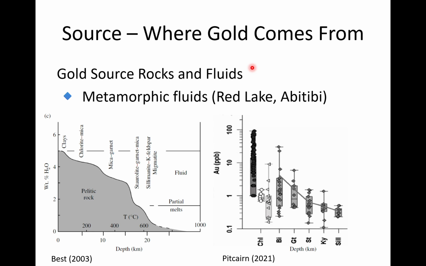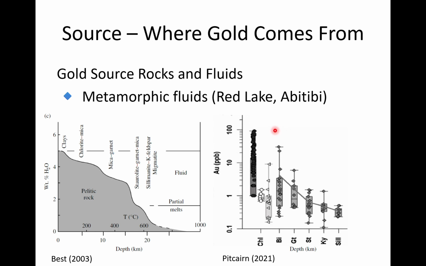Metamorphic devolatilization of greenstone basalts and sediments is believed to have produced gold-rich water, carbon dioxide fluids that fed the gold systems. And such fluids are often carbon dioxide rich and low salinity, consistent with a deep crustal metamorphic origin.